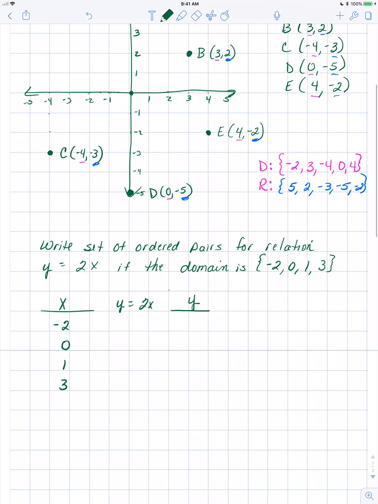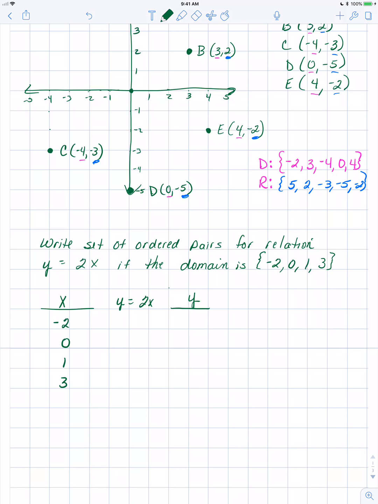All right, well, if x is -2, that means y is 2 times x, which is -2. So y is 2 times -2, which is -4. So that ordered pair is -2, -4. So here, x is 0. So y is equal to, if x is 0, what's y? 2 times 0 is 0.